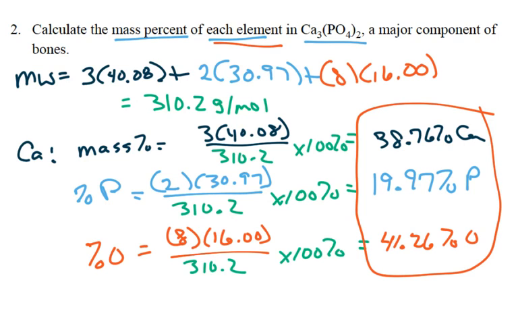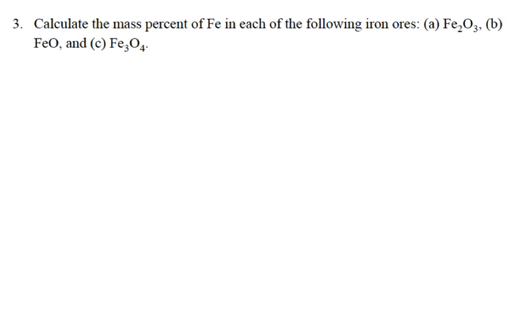Okay, that's each element. All right, number 3. Now we just want iron, but we're going to look at the mass percent of iron in different compounds, just to show you that, depending on the formula, it's going to have a different percentage in the composition.